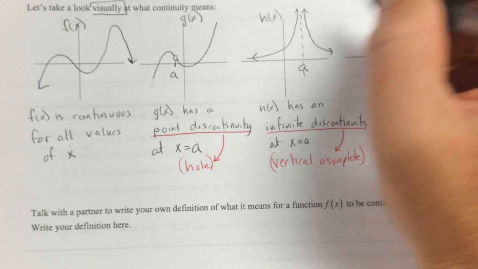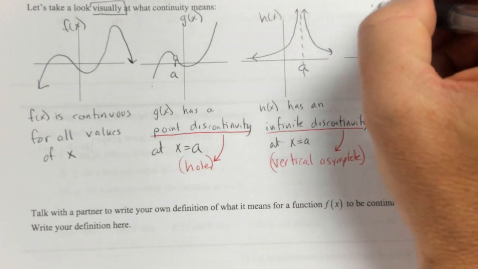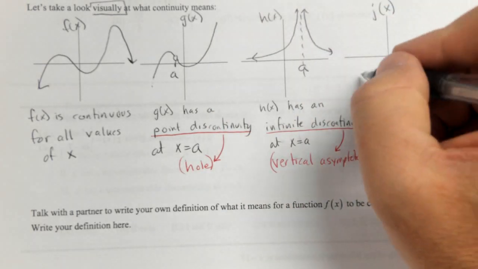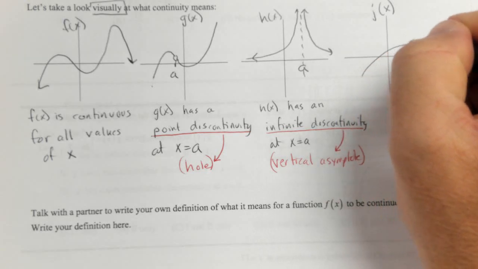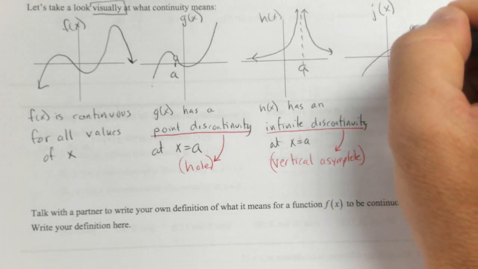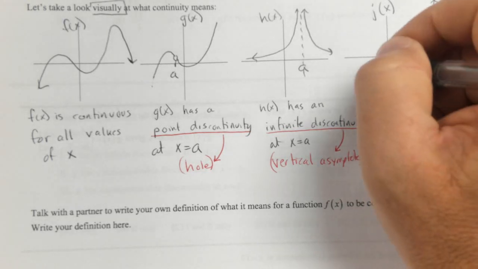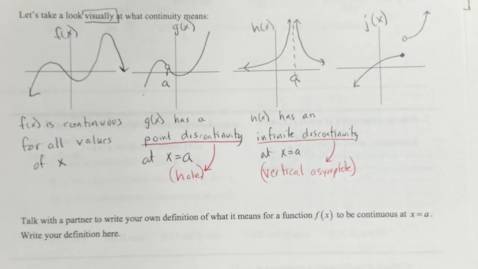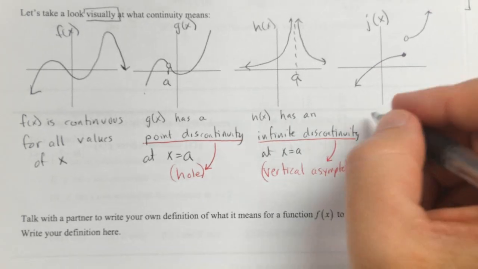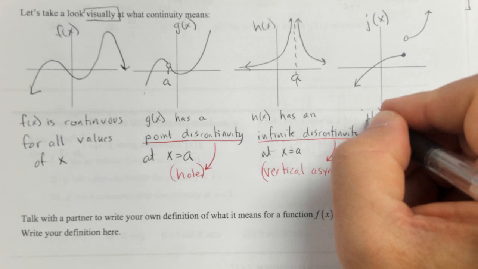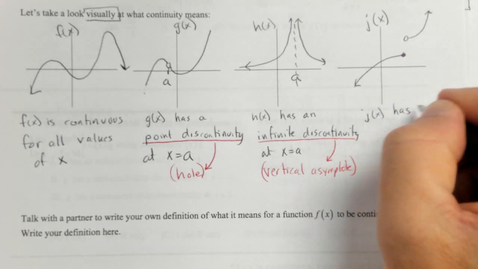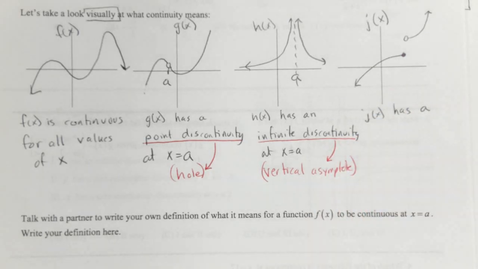And then lastly, let's, I guess, call this one j of x. J of x has a, care to guess the name of that discontinuity?